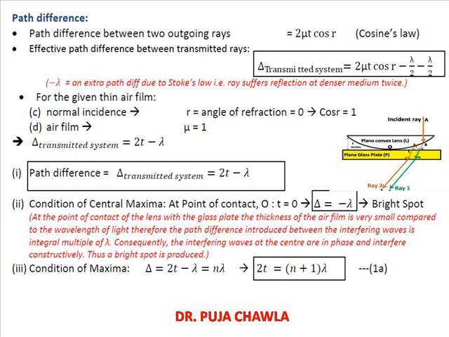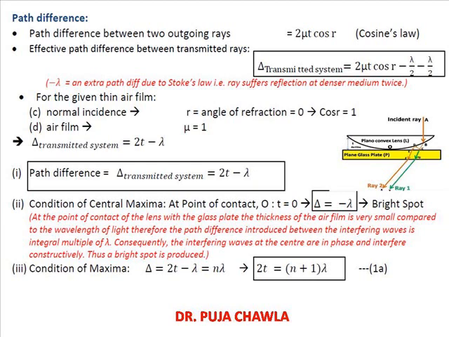So again, follow the same strategy and focus on the figure, and find out the points at which Stokes law is applicable. Here I can observe that at the point C, reflection is occurring from the surface of a denser medium. The denser medium is the glass plate. That means Stokes law is applicable at point C. Clear?